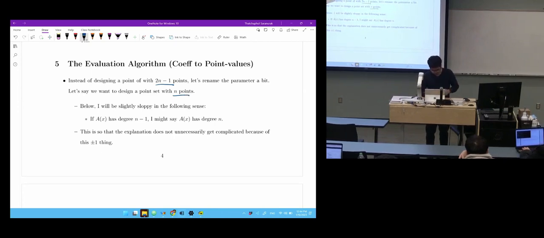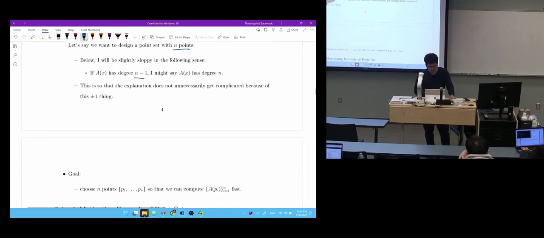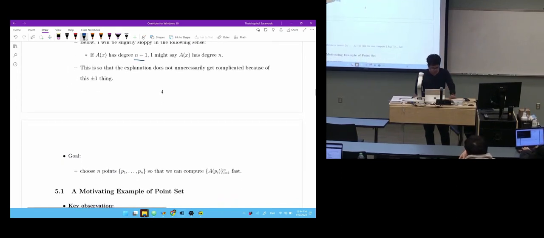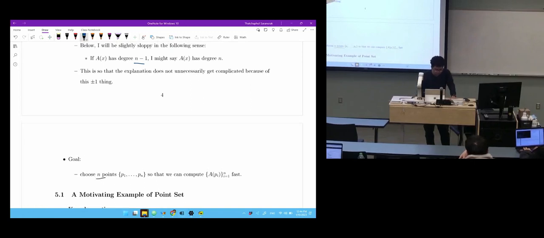Also below I might be a bit sloppy: sometimes the degree is n minus 1, I might just say the degree is n, because I don't want to be cumbersome with this plus 1 minus 1 thing. So the goal again is just to choose n points so that you can evaluate all of them fast, in just n log n time.